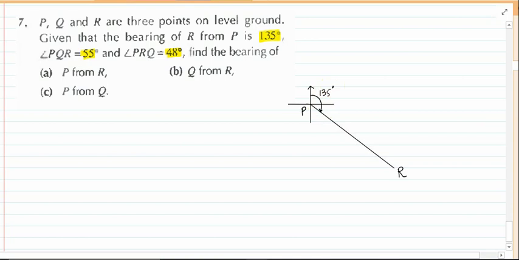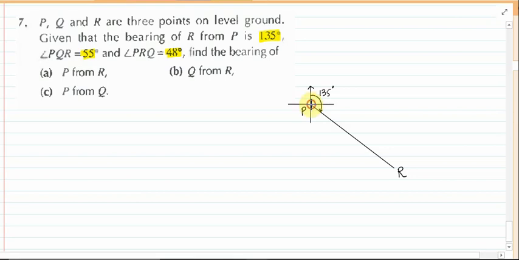If you made the diagram correct till here, then it is very good. After that, it says PQR is 55 degree and PRQ is 48 degree. Now it will be good if you take a divider and then make this angle PQR and PRQ. So here I am going to sketch roughly.